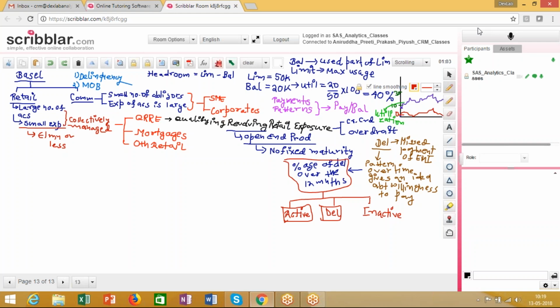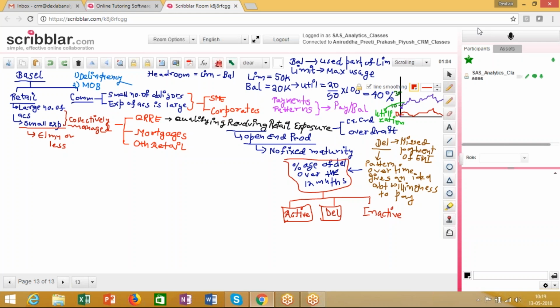One very important role that month on books has to play over here is that it talks about the seasoning of accounts. Month on books helps identify seasoned accounts versus unseasoned accounts.